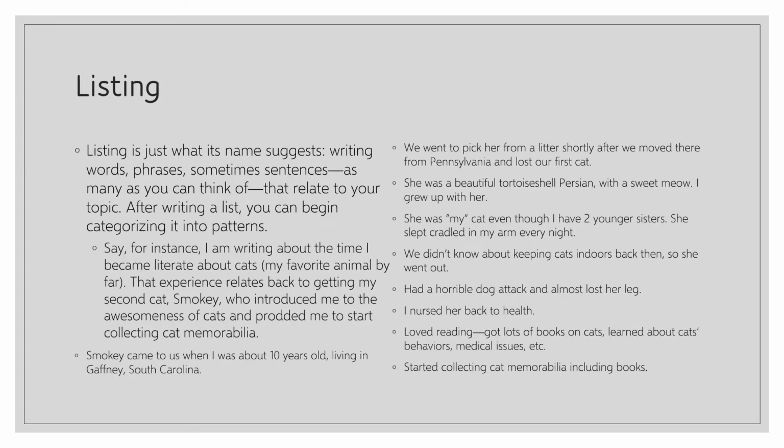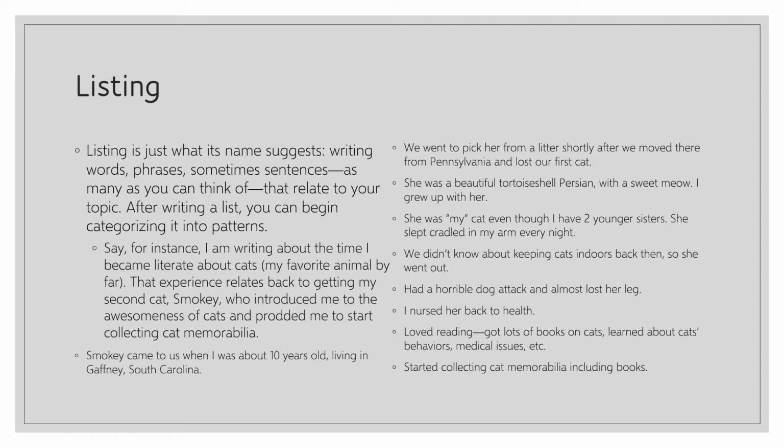Moving on, we have listing. Listing is just what its name suggests, writing words, phrases, sometimes sentences, as much as you can think of that relate to your topic. Again, it can relate to many different topics. If you are struggling to come up with actually something to write about that you're literate in, you could start thinking about all the things that you have knowledge of, all the things that you're competent in.